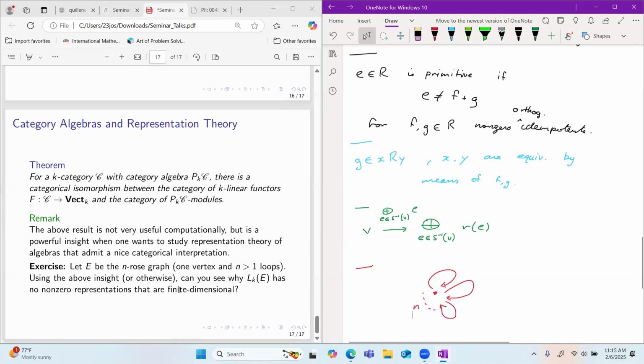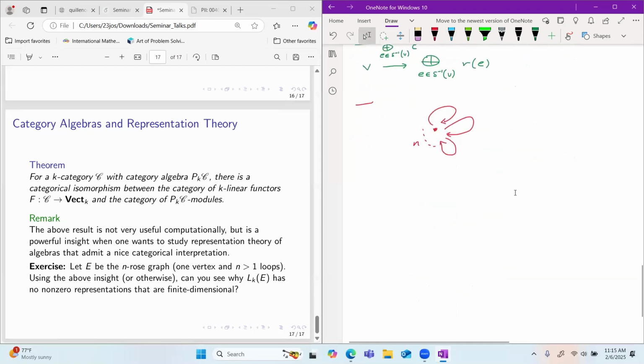See for yourself if you can figure out why the Leavitt path algebra associated to this directed graph has no finite dimensional representations other than the zero representation. Have a think about it and pause the video, because I'm going to tell you the answer soon.